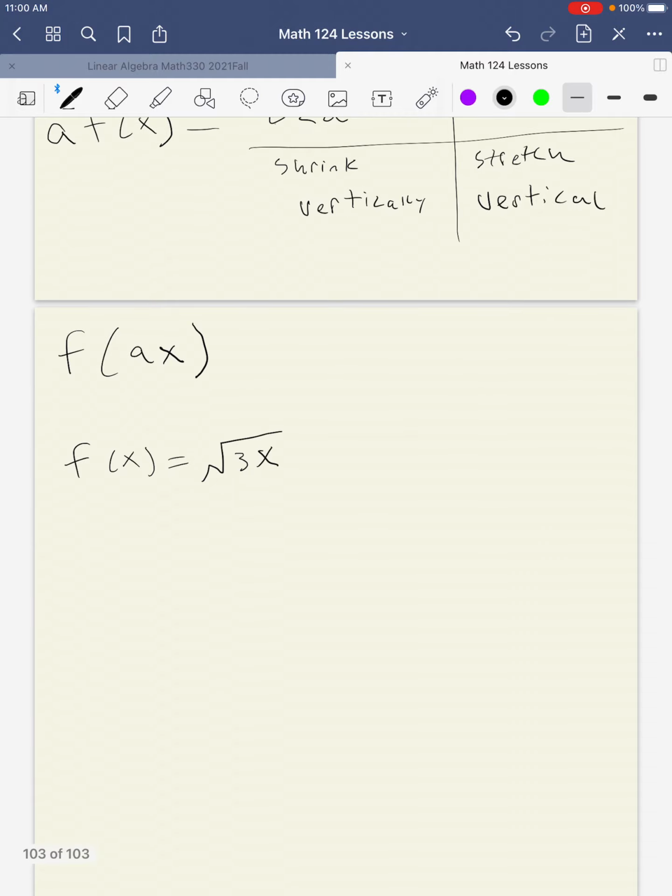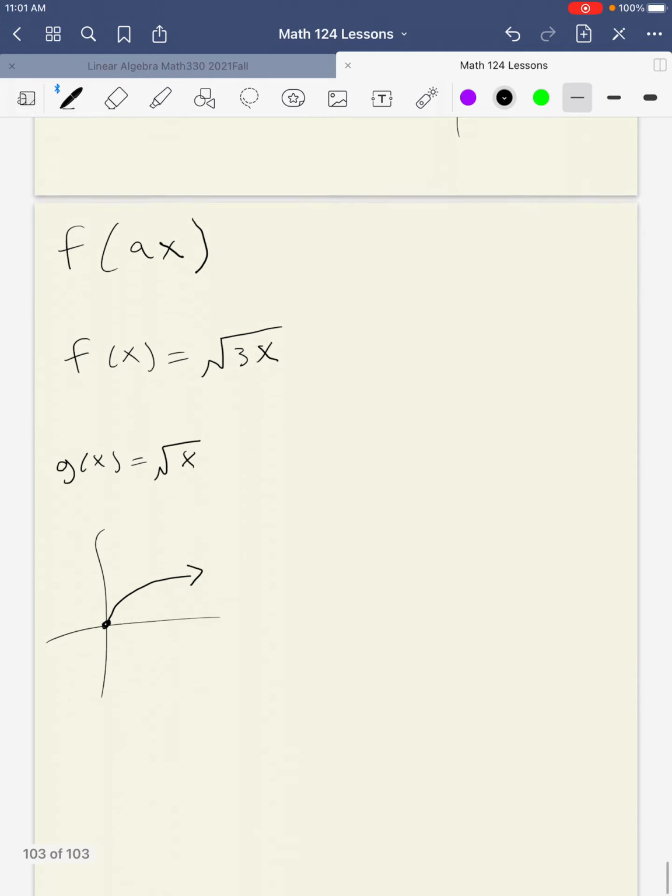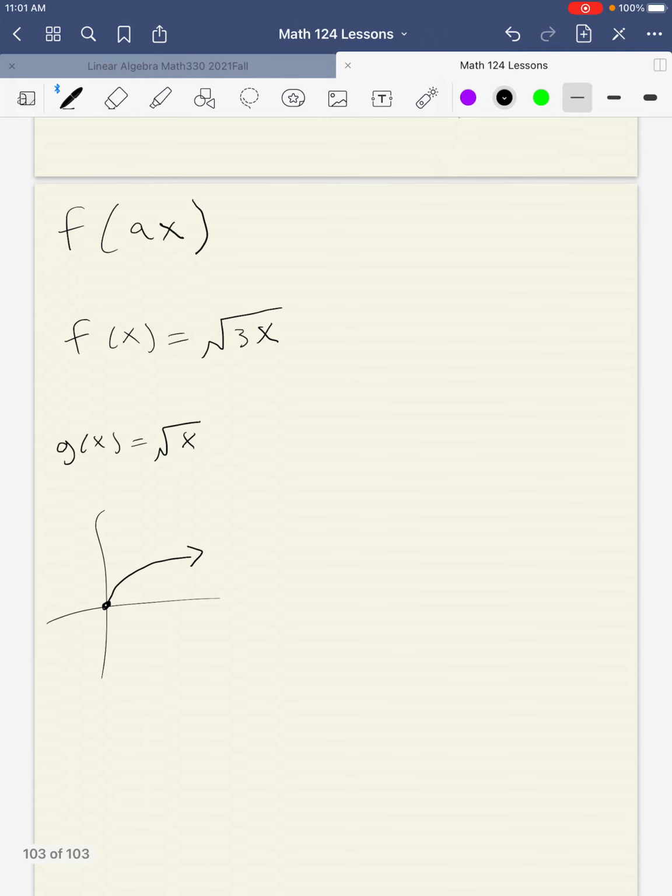What we can do is start with the basic graph that I told you we should memorize, and that's just the square root of x, which has a graph like this. Let's plug in some numbers. Say we plug in the number 4, it's the square root of 4, that spits out 2. So we plug in a 4, it spits out 2.